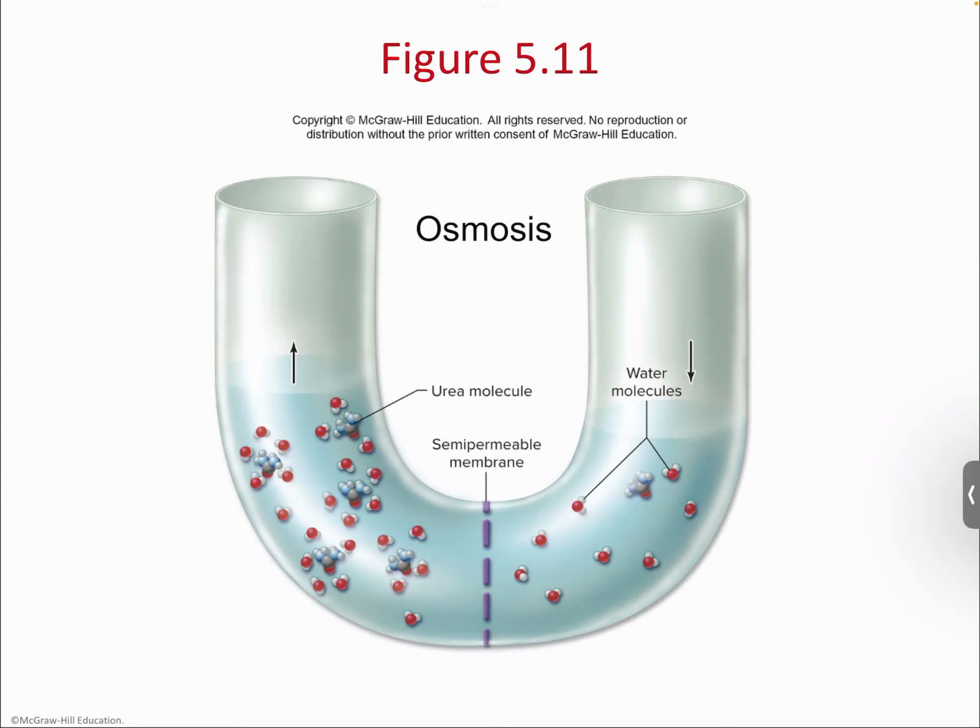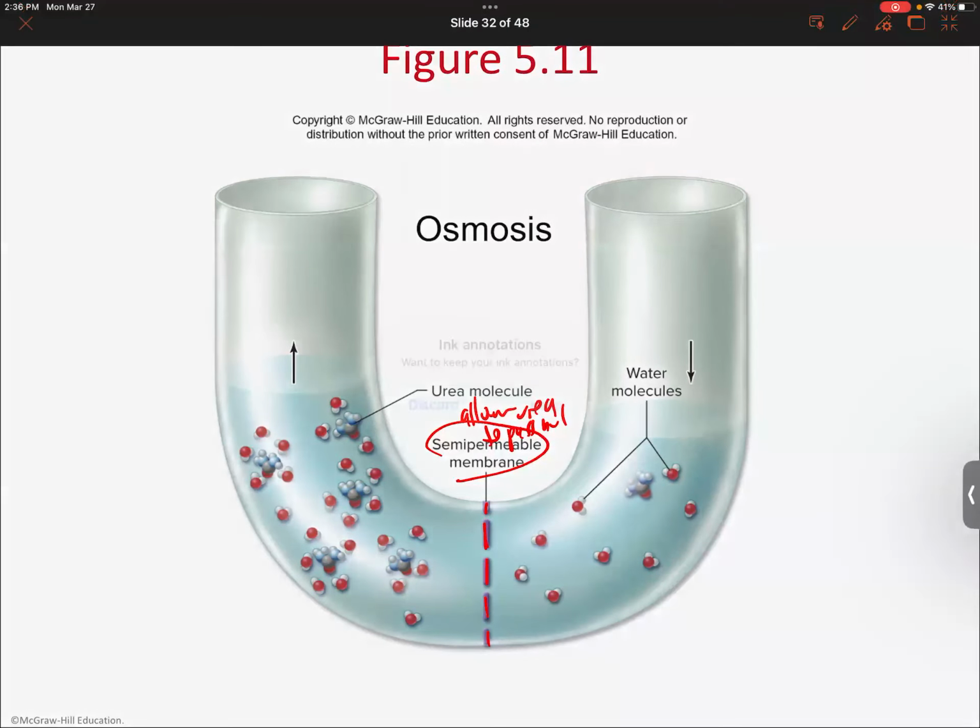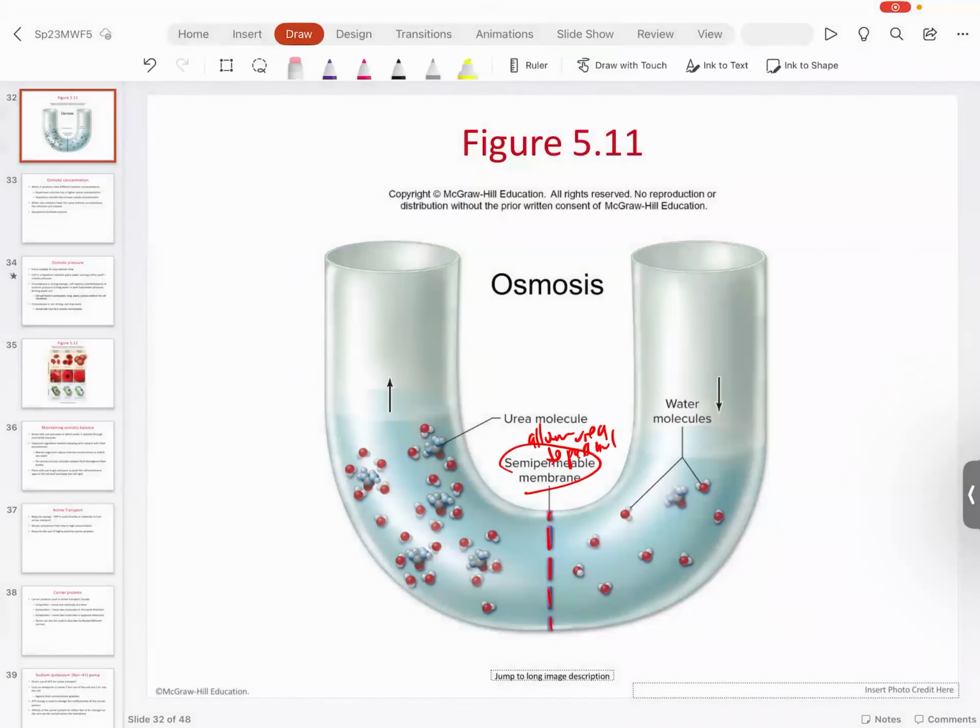Down the middle of the U-tube, we have a semi-permeable membrane that allows water to pass, but not urea.